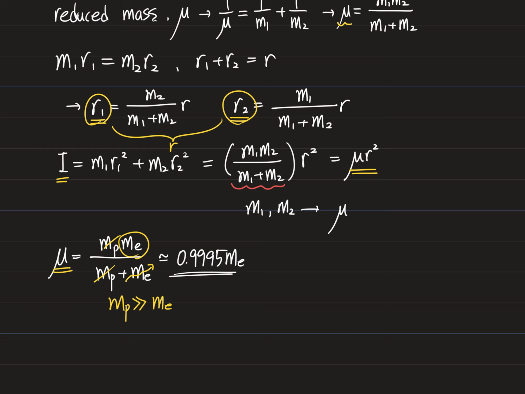But still, this is not exactly the electron's mass. Even though it is a very small correction, it still has some meaningful impact. By replacing the electron's mass with the reduced mass, we can increase the accuracy of the Bohr model, and finally obtain a much more accurate Rydberg constant.